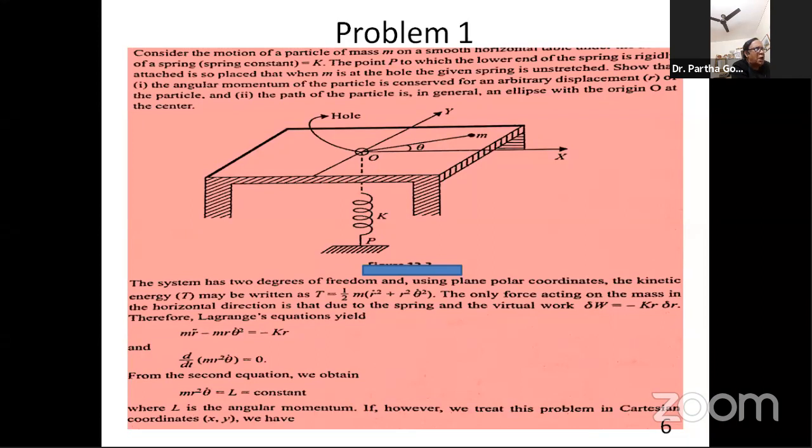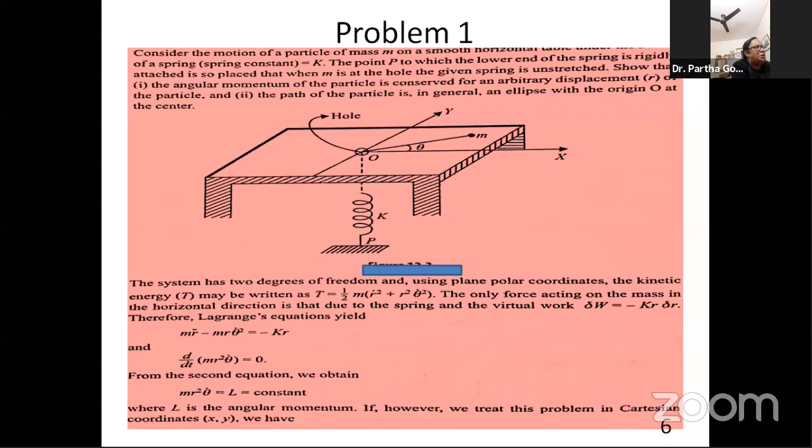And the force acting on the mass m also is in the horizontal direction, and that is due to the spring. The spring has got stretched through a factor, how much?